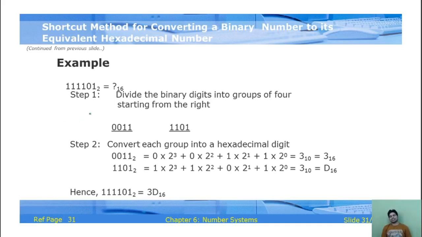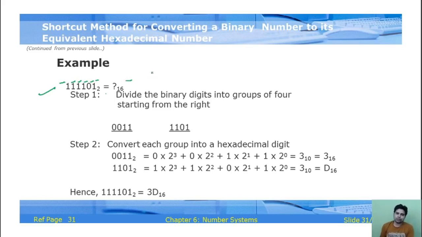Yes, so again, this is an important and interesting concept, how we will convert. This is the binary number 111101 in base 2, and you have to convert it to base 16, that is, hexadecimal. It's very easy. In the case of octal, we combine binary digits into groups of 3.